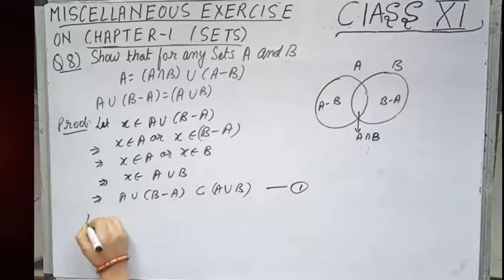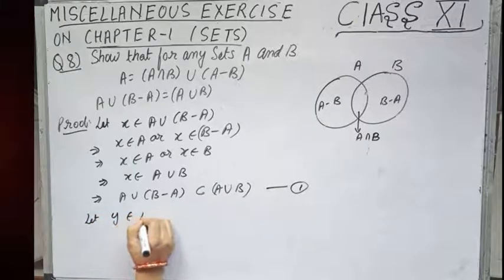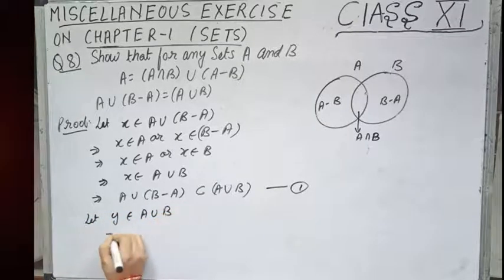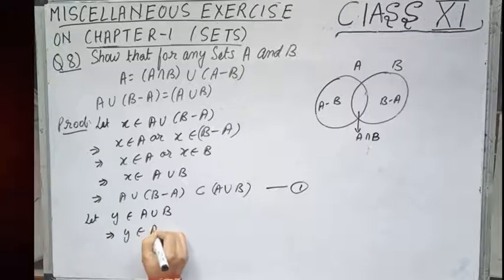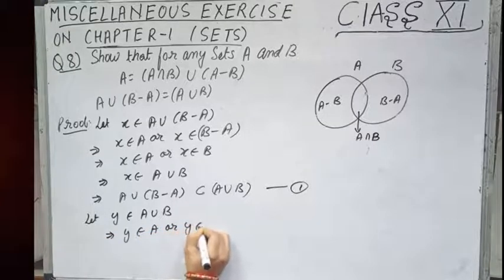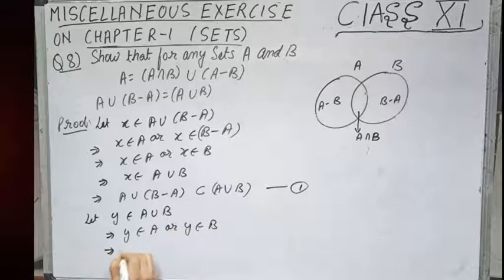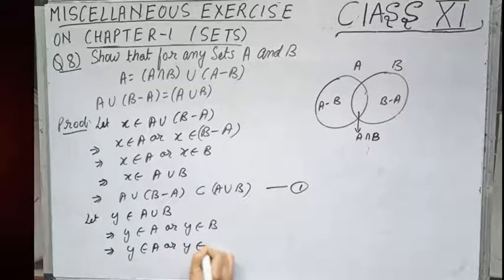Now conversely, let y belong to A union B. This implies y belongs to A or y belongs to B. This implies y belongs to A or y belongs to B minus A. If it belongs to B, it must belong to B minus A as well. This implies y belongs to A union (B minus A).